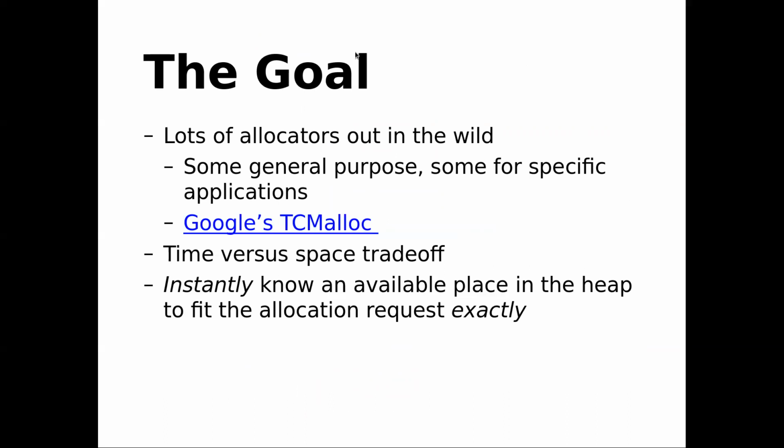The goal of this project is to consider the time versus space trade-off in many different allocators. There are a lot of allocators out there in the wild. The most common one, which I'm sure you all are familiar with, is the libc malloc implementation.